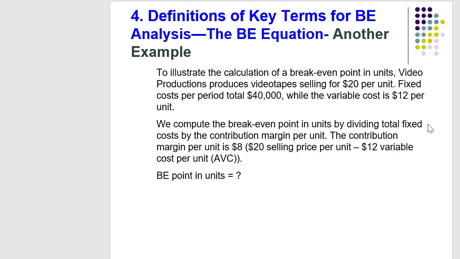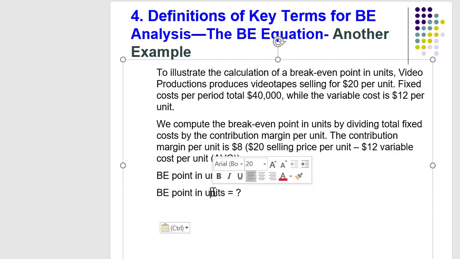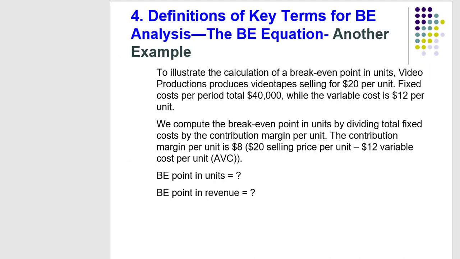You will divide the fixed cost by the contribution margin, which is already calculated for you. It's $20 selling price minus $12 variable cost, so that's $8. So what is the break-even point in units? While you are at it, you can also calculate the break-even point in terms of revenue. So that's left as an exercise. It shouldn't be too difficult. If it is, email me or let me know, and we can take it from there.